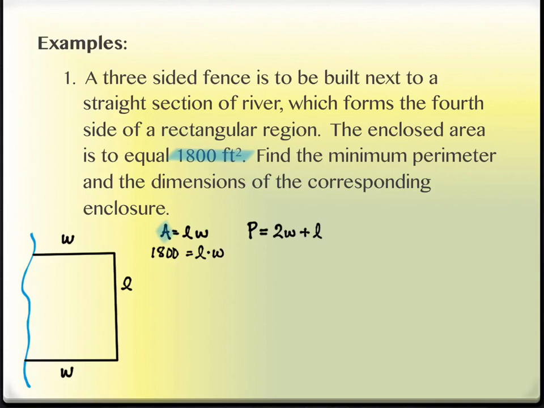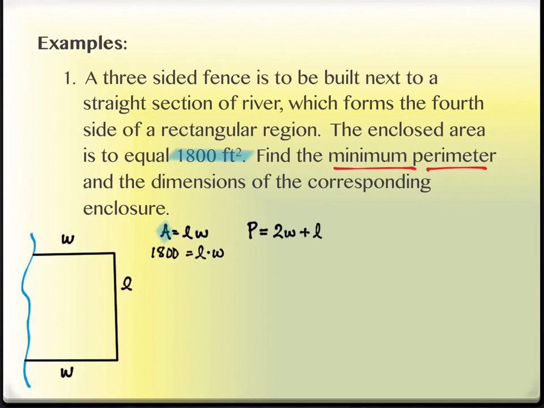What am I trying to optimize? The perimeter. It says right here, I want to find the minimum perimeter. Minimum is a word for optimization. Minimum and maximum. So anytime you see that word optimization, you're thinking mins and maxes. So this is the quantity I'm trying to find the optimal value of. In this case, the minimum value.